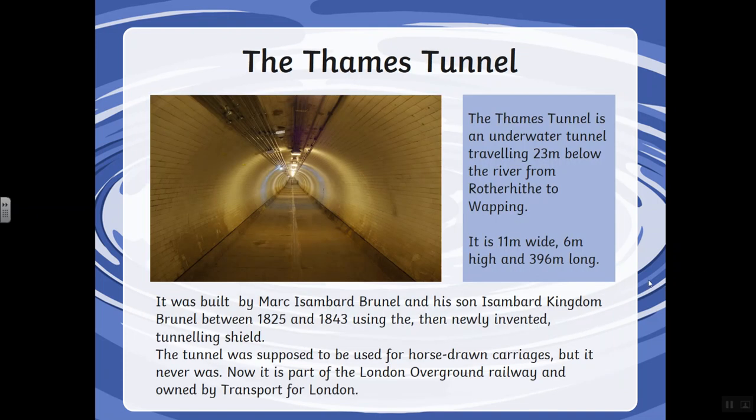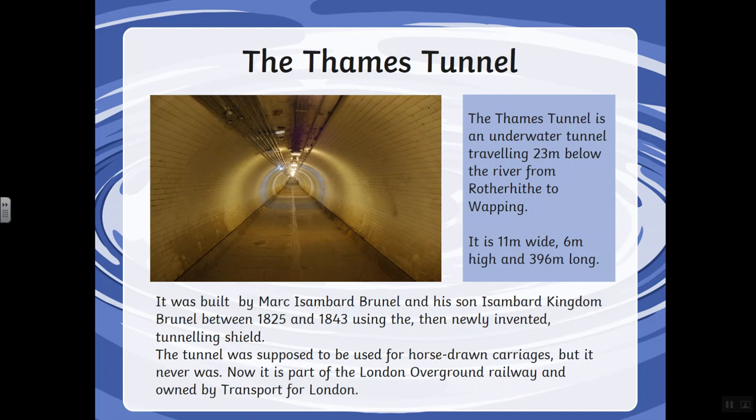The Thames Tunnel. The Thames Tunnel is an underwater tunnel travelling 23 metres below the river from Rotherhithe to Wapping. It is 11 metres wide and 6 metres high and 396 metres long.